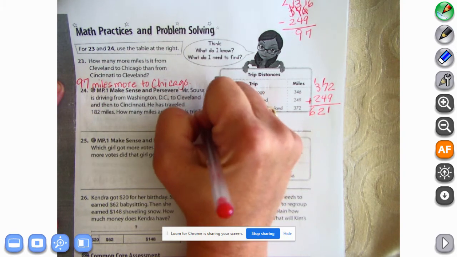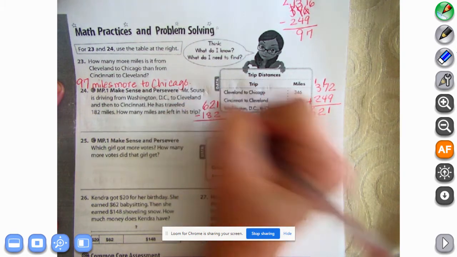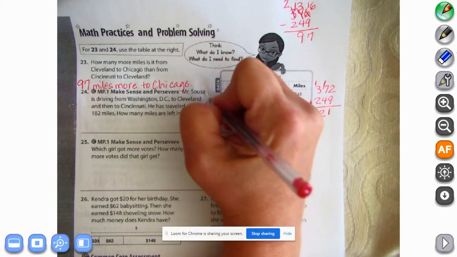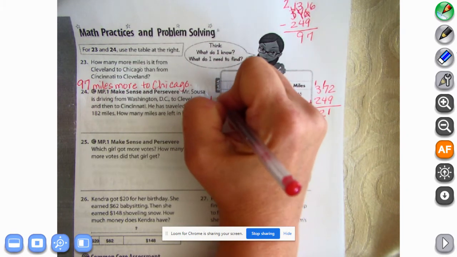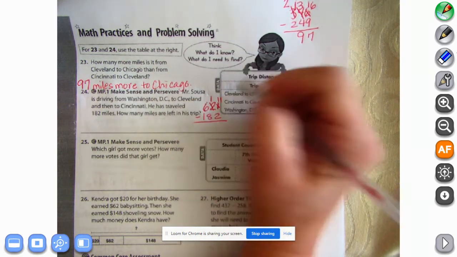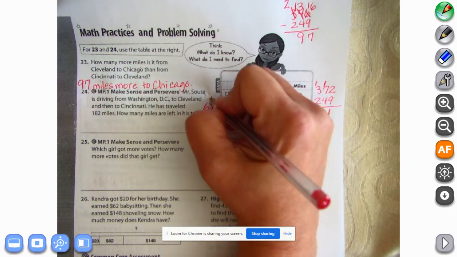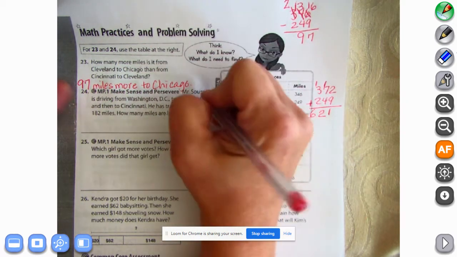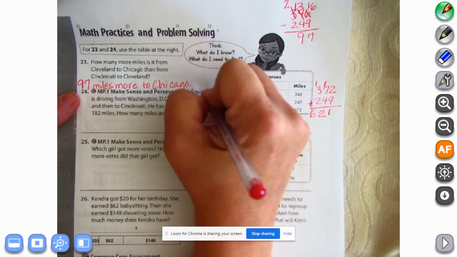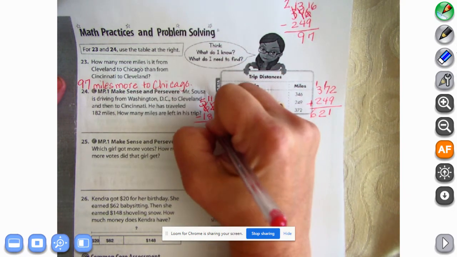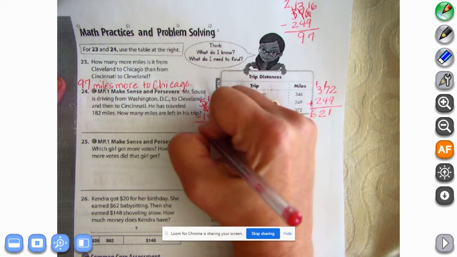Take away the 182 he's already done. You can't take 2 out of 1. So we're going to break this 10 into a group of ones, and that's going to make 11. 11 minus 2 is 9. We can't take 8 tens out of 1 10, so we're going to take a 100 block and break it up so that we have 11 minus 8 is 3, and 5 minus 1 is 4.